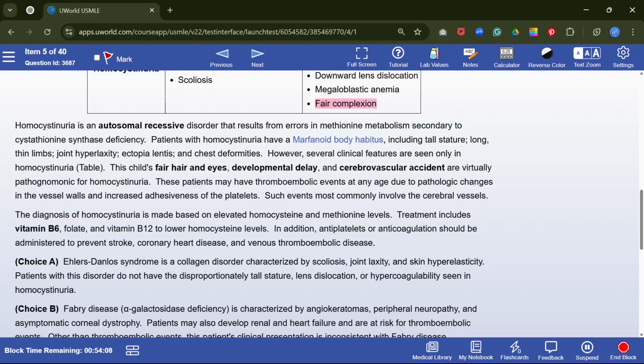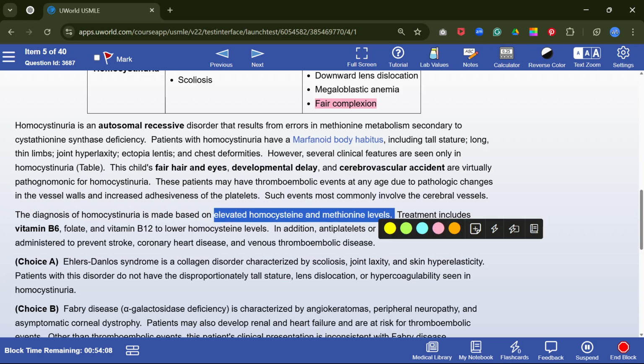These patients may have thromboembolic events at any age due to pathologic change in the vessel walls and increased adhesiveness of the platelets. Such events most commonly involve the cerebral vessels. The diagnosis of homocystinuria is made based on elevated homocysteine and methionine levels.